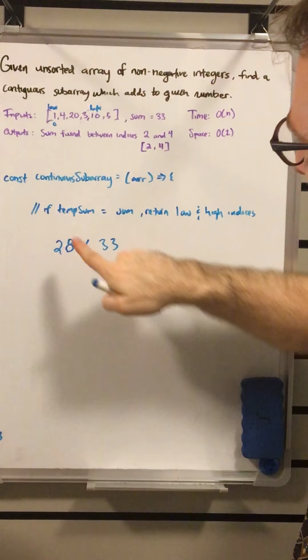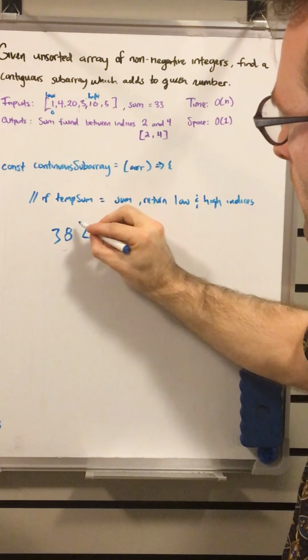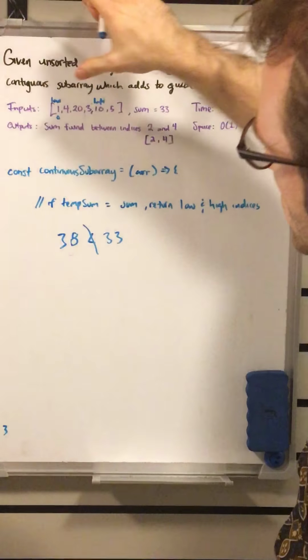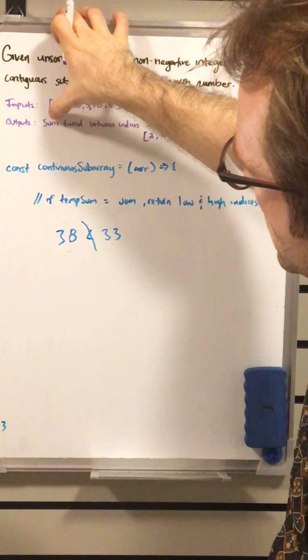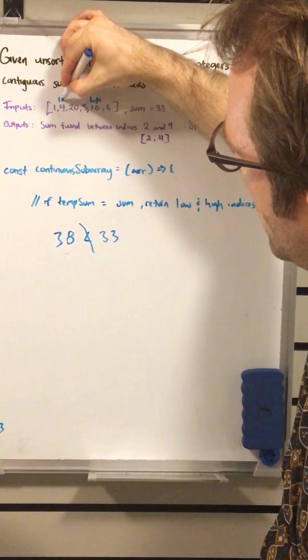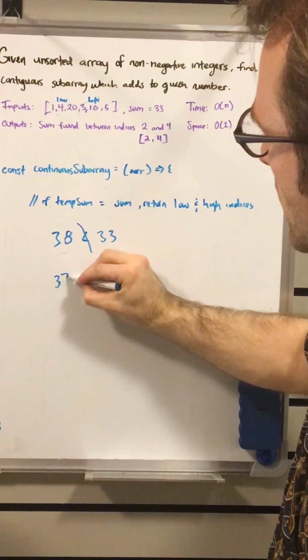And then we add a 10. Oh, 38. That's not lower than 33. It's higher. So what we want to do in that case is delete 1 from our sum and move the low up. So now our sum would have been 37.